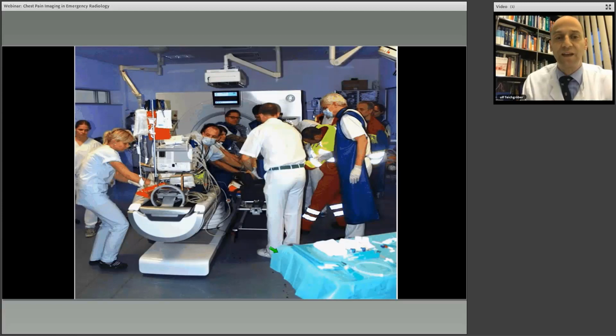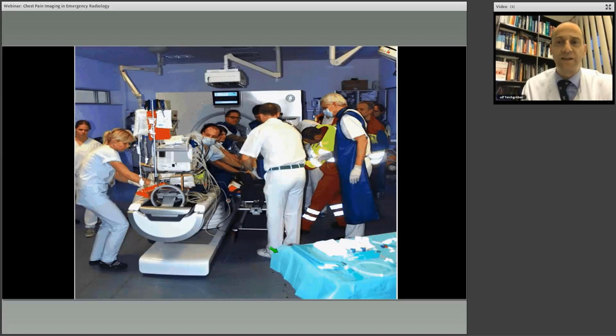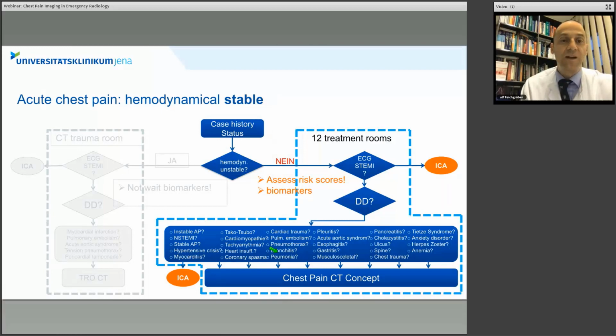This is the way how it looks like for our acute hemodynamic unstable patients. It's the same setup as you are used to it in your hospital for trauma patients, and everything is done on the CT scan, so the decision is really done also there the same way as you're dealing with a trauma patient. Well, this was quite easy workflow.